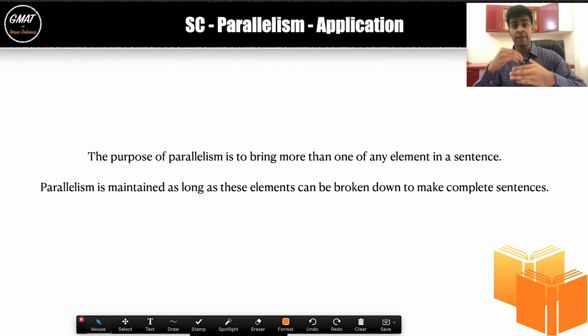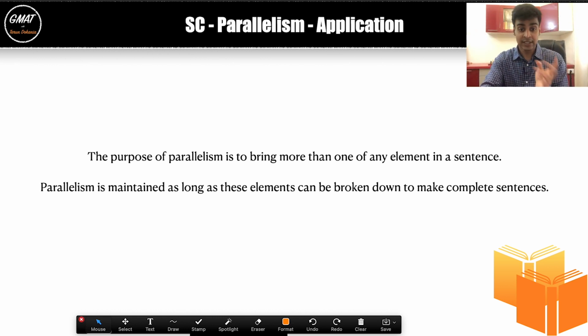The meaning has to be right, the number has to be right, and parallel construction does that job. So it starts with multiple must exist, and as long as I can break that sentence by taking some part of it as common and attaching it to each of the multiple parts, parallel construction is maintained.